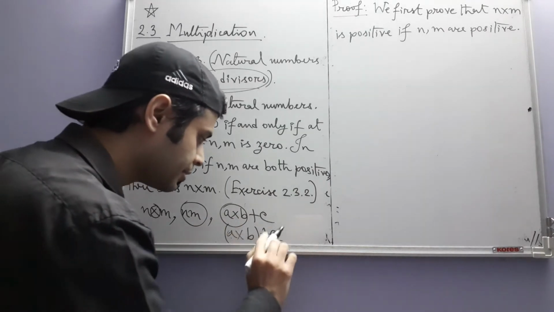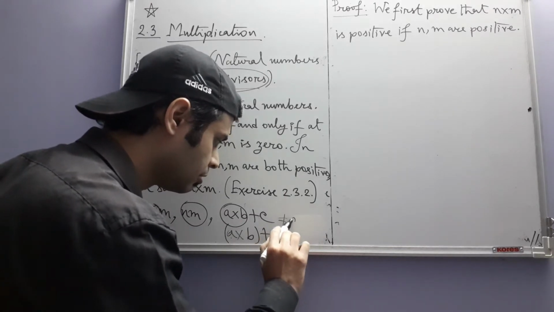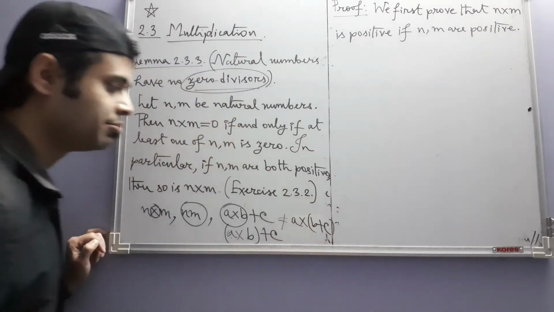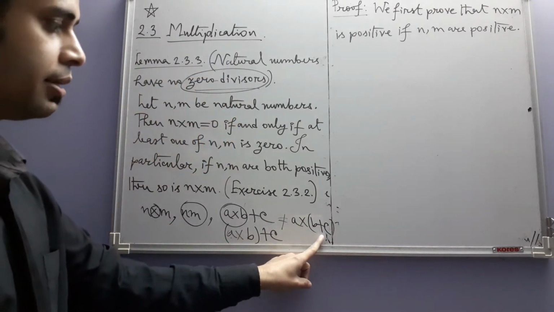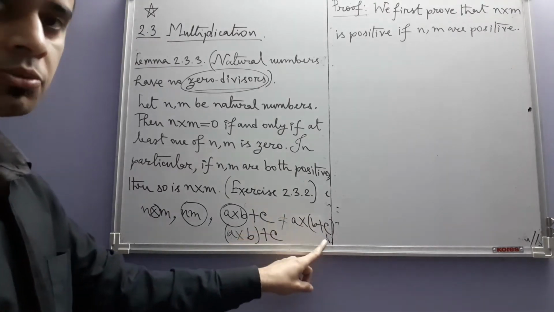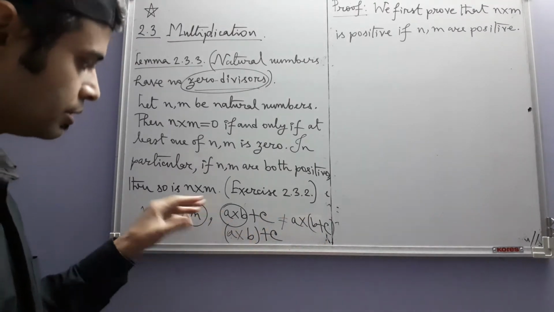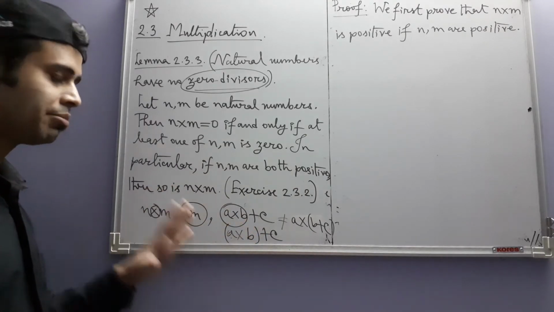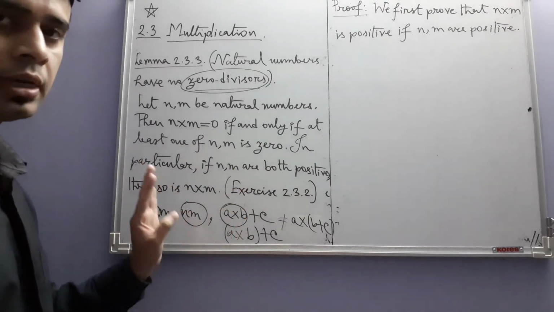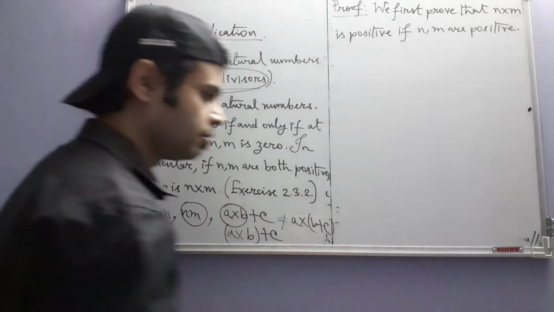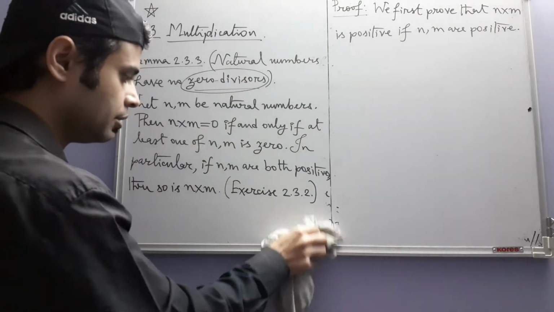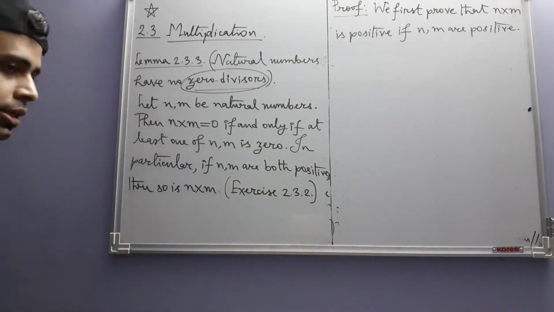So, and this does not mean A cross B plus C. This is not the meaning here, because here addition is to be carried out first. So because multiplication takes precedence over addition, and these things that we are familiar with, they are going to be assumed. Okay. In other words, you just assume the simple rules of algebra, the things of bracketing and all those things.